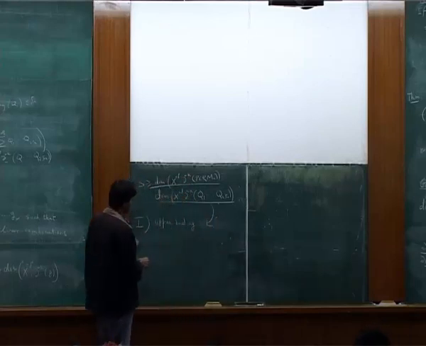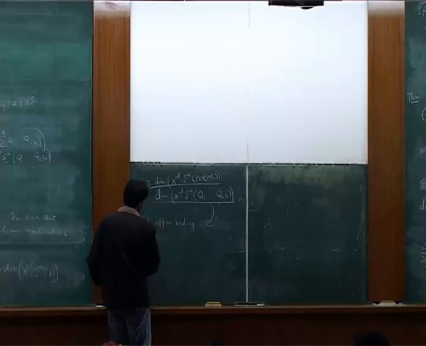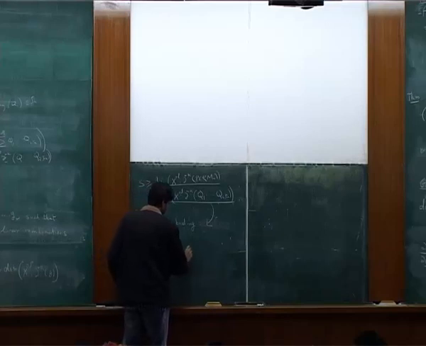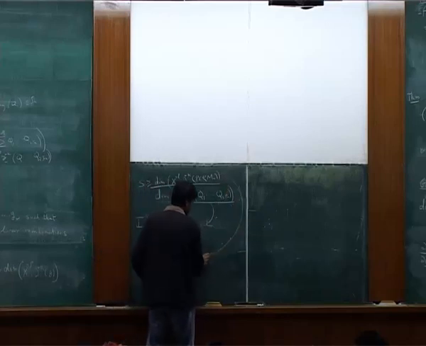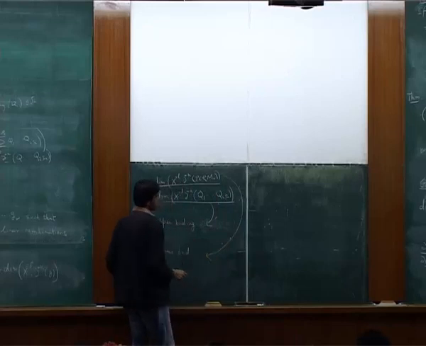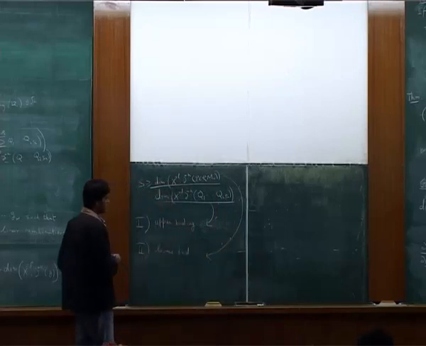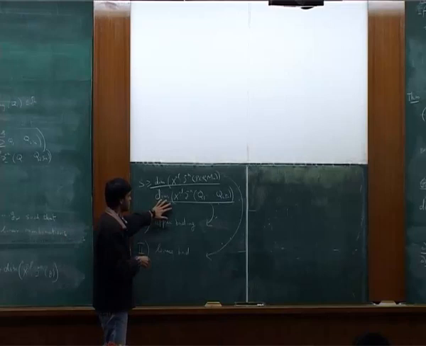So we'll be upper bounding the denominator, and the second part would be lower bounding the numerator. Okay, so let's proceed with the proof. First, we'll see an upper bound on this quantity.